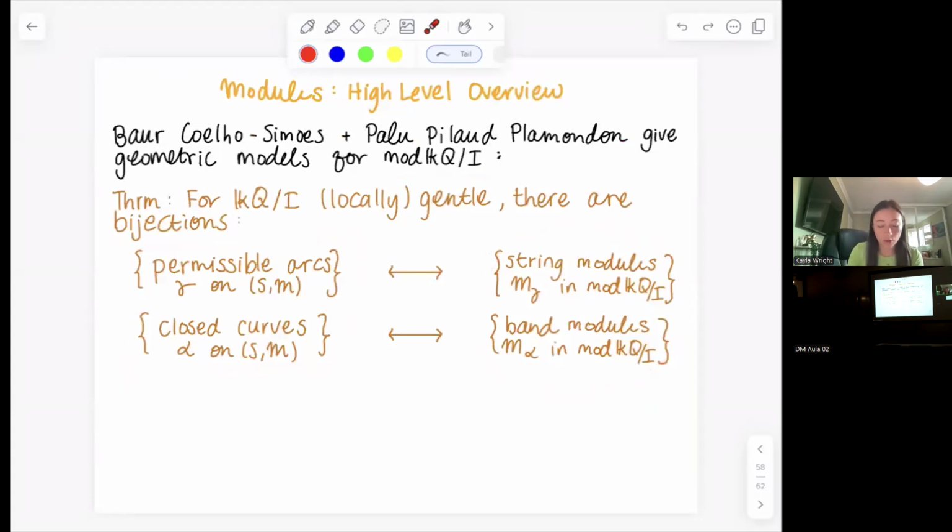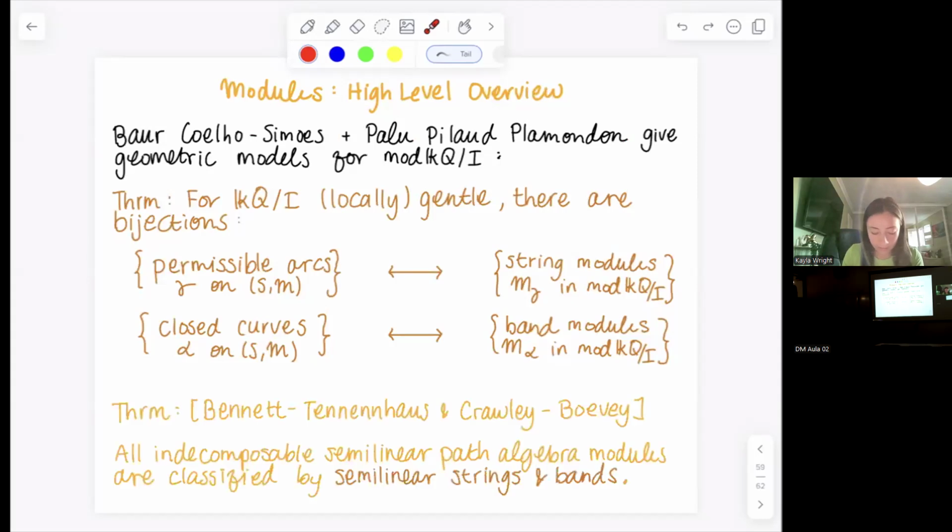The permissible arcs on a surface, where the endpoints aren't connected in any way, like the arc gamma that we saw, are in bijection with string modules. And closed curves, something that's isotopic to a circle on the marked surface, give you band modules in this module category. So these are theorems by other people.